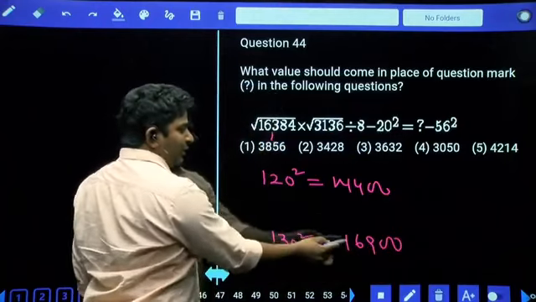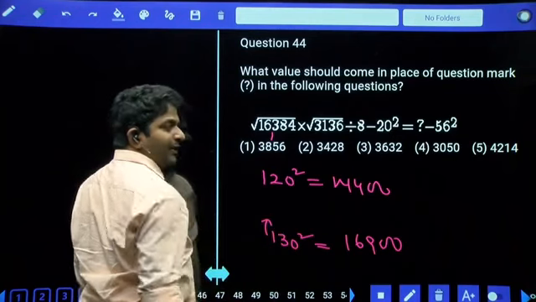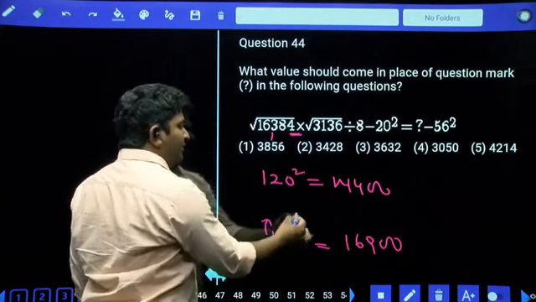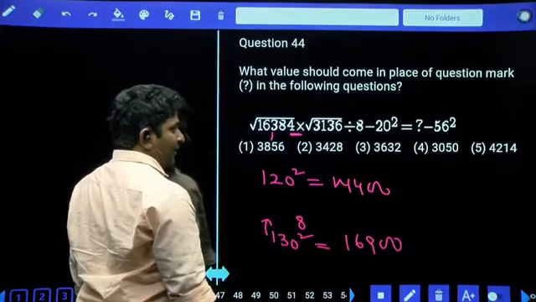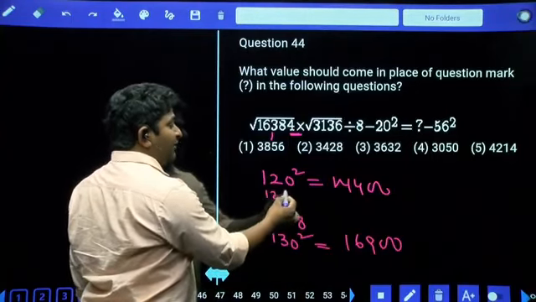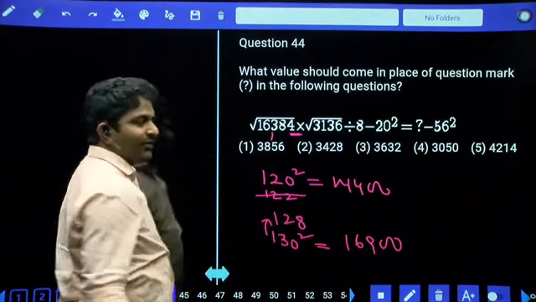So this is close to 16,900. So value will be close to 130. As this is ending with 4, that has to end with 8, either 8 or 2. But if you consider it as 122 square, that is close to this number. So this cannot be the one. So 128 is final one.